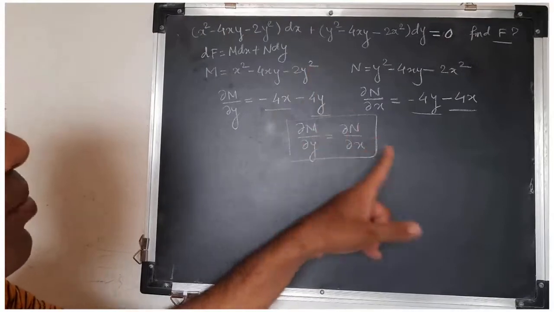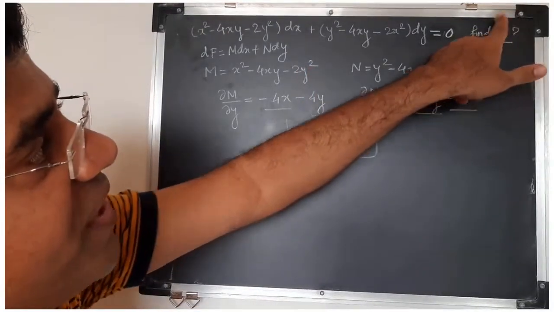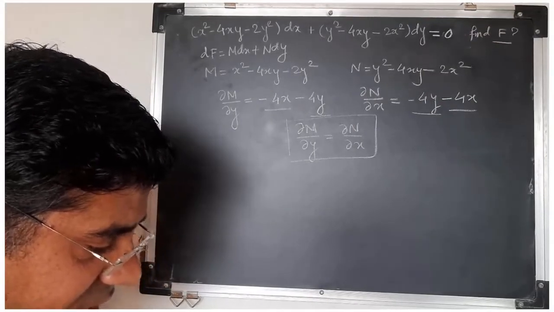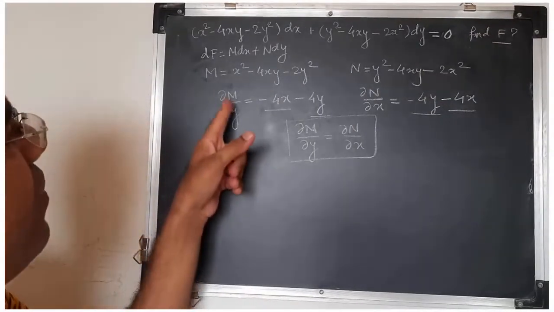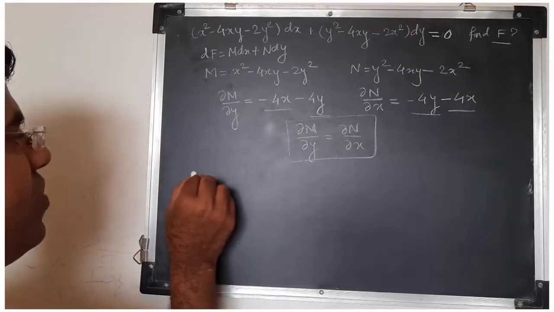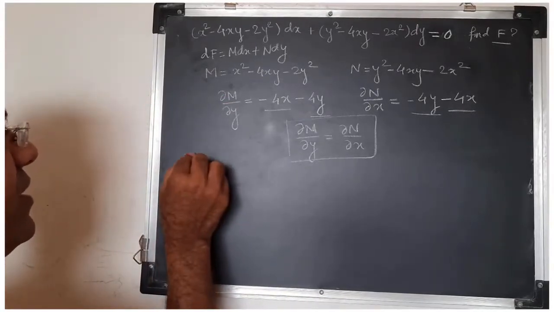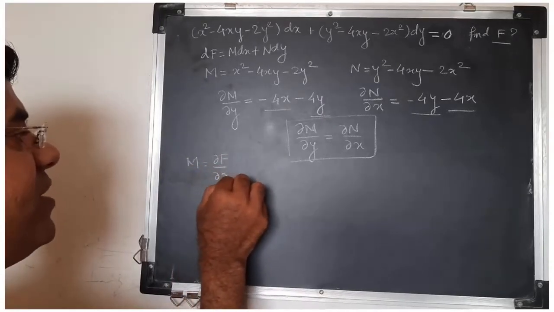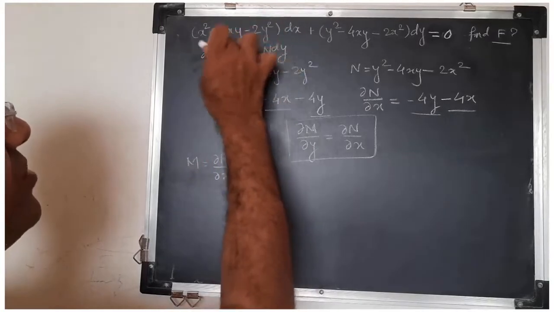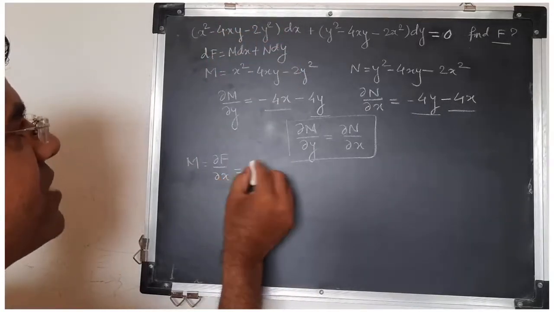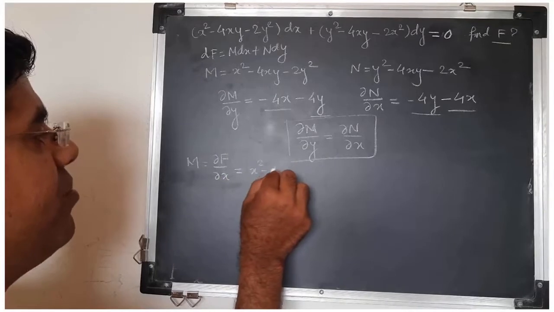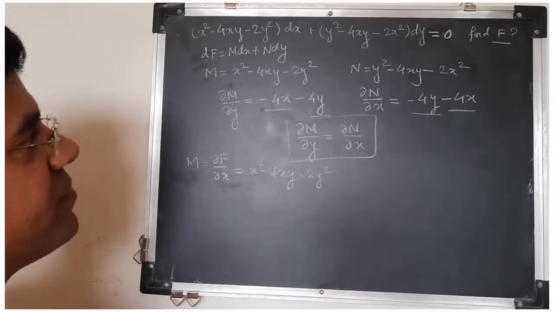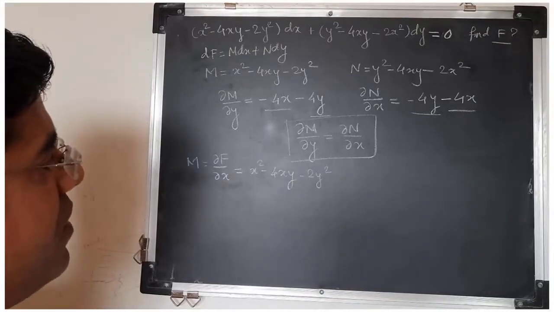Now my next target is to find the given function, that is, the constant function. That is my aim. Now I know M is equal to partial f by partial x, that we know from total differentiation. So partial f by partial x is equal to x squared minus 4xy minus 2y squared.